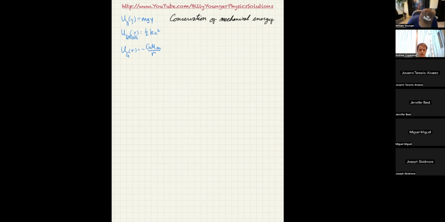So conservation of mechanical energy is often written as delta U plus delta K is equal to 0. I've given you the different types of delta U, and that's just a couple of them. There's more, of course, but the K is supposed to be 1/2 mv squared.